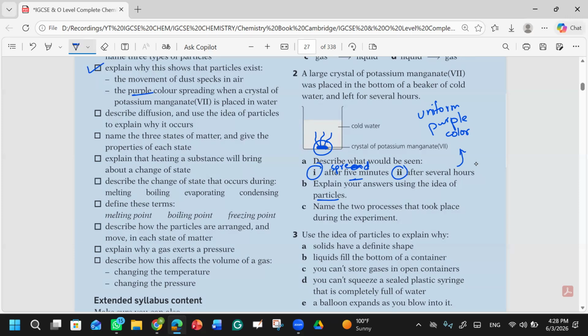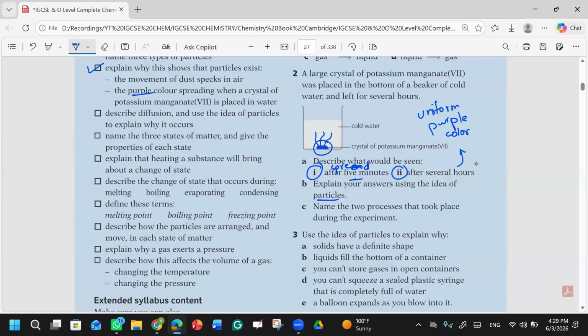And after some time the particles will start to move in the liquid, and after several hours the liquid will become completely purple. There will be a uniform purple color in the liquid. It happens because the particles of the potassium manganate are moving in the cold water. They are dissolving in the cold water. Clear?